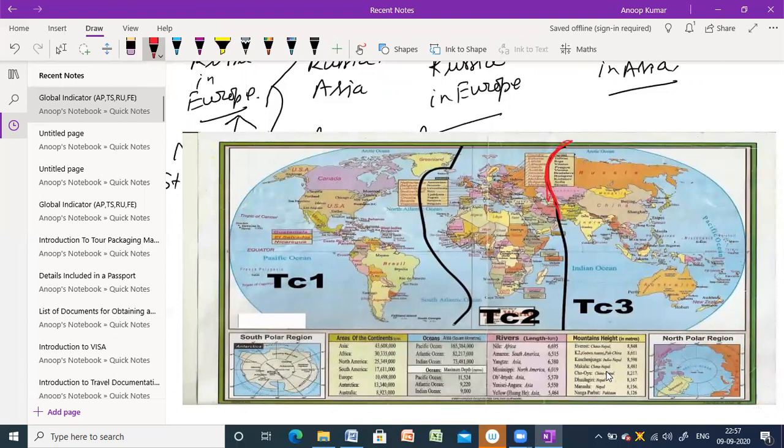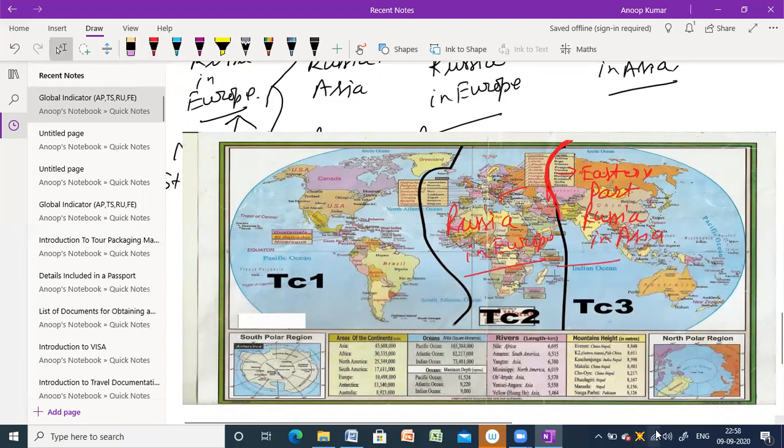Here is the Ural mountain range. It divides this eastern part, which is known as Russia in Asia, and the western part, which is Russia in Europe. Hope this is clear to you now, because the remaining three global indicators we are going to discuss depend upon the knowledge of this concept.